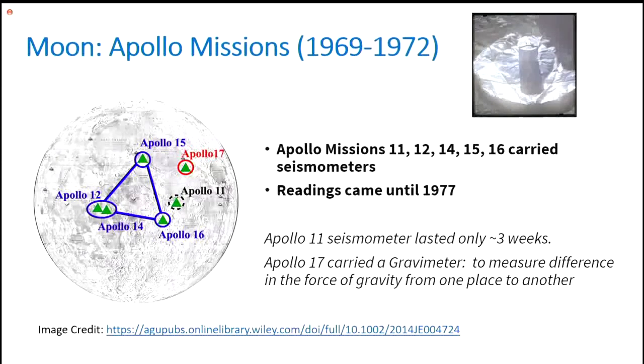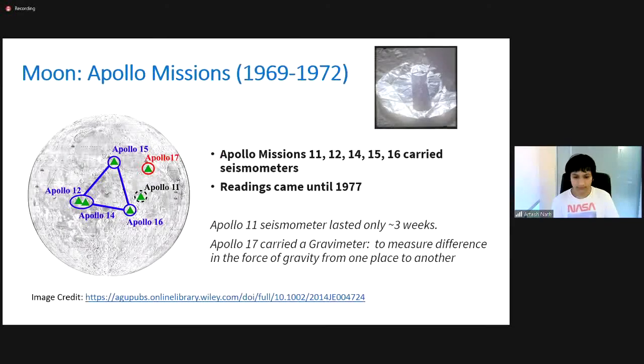As you know, the Apollo missions, except for Apollo 17, carried seismometers to the Moon. Unfortunately, the Apollo 11 seismometer broke down after a couple of weeks, but fortunately, all the other seismometers lasted until 1977. And this formed a nice network of seismometers on the surface of the Moon.